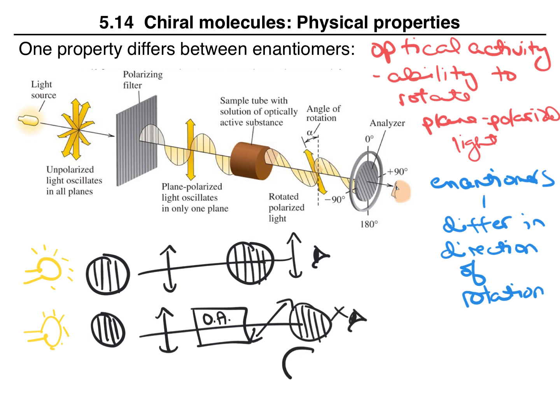But if the analyzer is rotated to where this angle matches this angle, then the observer will be able to see the light. So by looking at whether this analyzer is turned toward the right or toward the left and how many degrees it's turned, this gives us information on the optical activity.